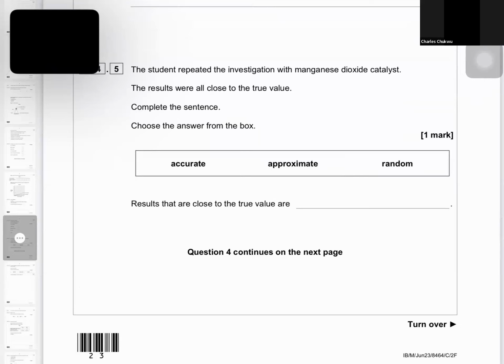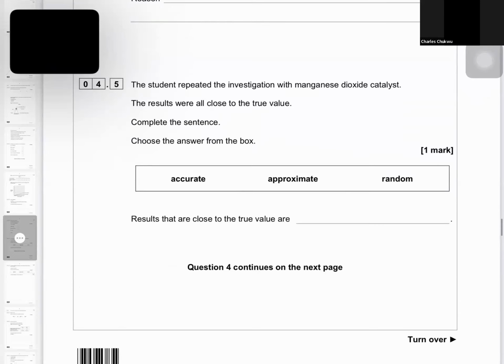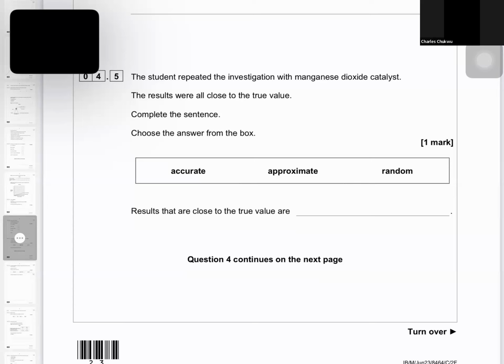It says the student repeated the investigation with manganese dioxide catalyst. The results were all close to the true value. Complete the sentence: results that are close to the true value are accurate, approximate, random.